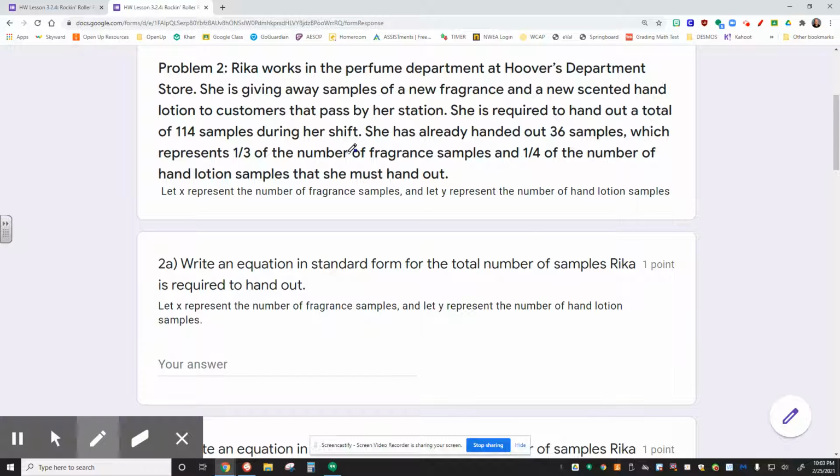So when we write an equation that talks about the total number of samples, we are writing an equation that says the total number of fragrance plus the total number of hand lotion is equal to 144 samples.